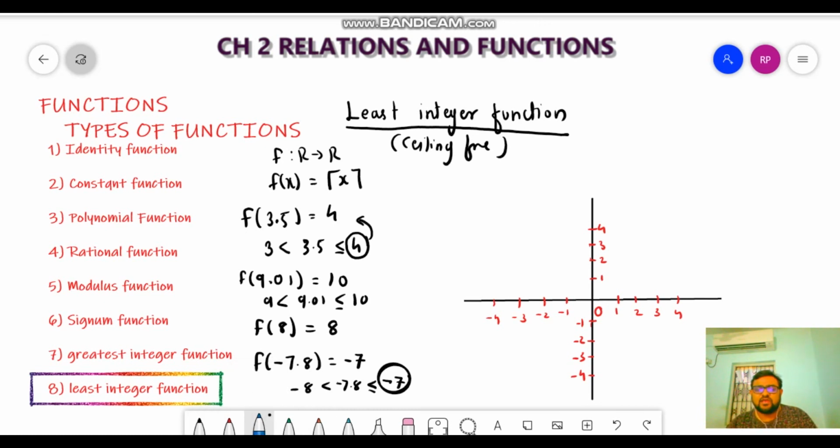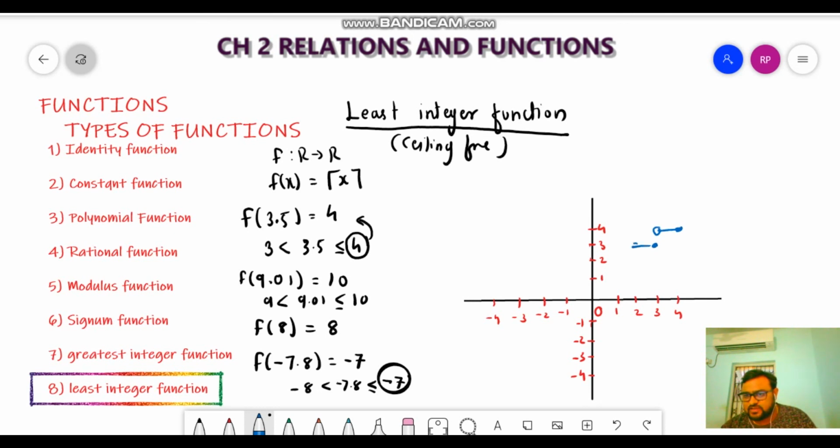So now if I draw a graph, the hollow circle will be on the left and the solid circle will be on the right. Means see here 3.5. For all the values between 3 and 4, the answer will be 4. But for 3, the answer will be 3. But for 4, it will be 4. So for 4, I am taking the solid circle here. Between 3 and 4, it will be 4.